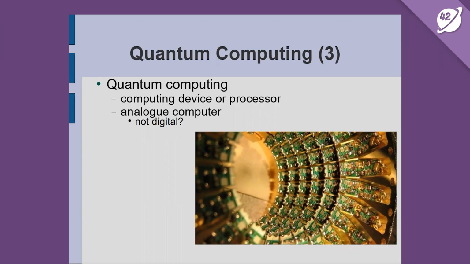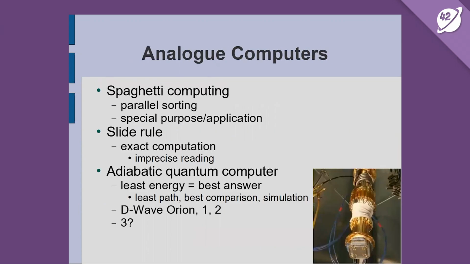And then there's D-Wave over in Burnaby here. D-Wave has got something, but it's more of a quantum coprocessor. It's like an analog computer. We know digital computers, but we have had analog computers. So what are analog computers? Well, there's the spaghetti computer, which does parallel sorting.